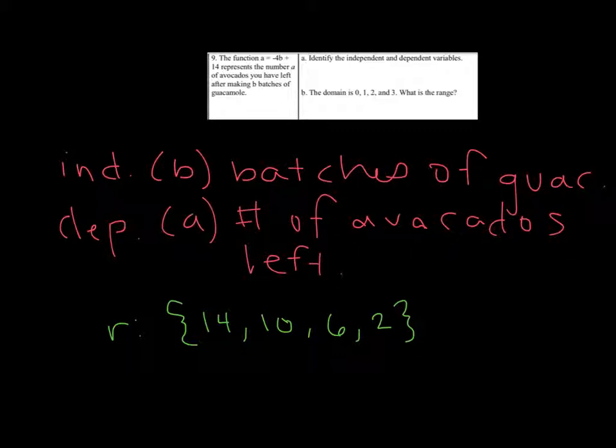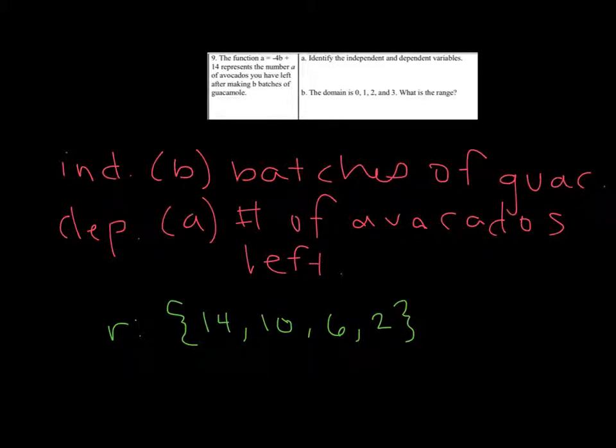Okay, so when I identify my independent and dependent variables, well, ask yourself, what depends on the other thing? Well, the number of avocados left depends on the number of batches of guacamole that you make. Therefore, the number of avocados left has to be your dependent variable, and the batches of guacamole you make is your independent.